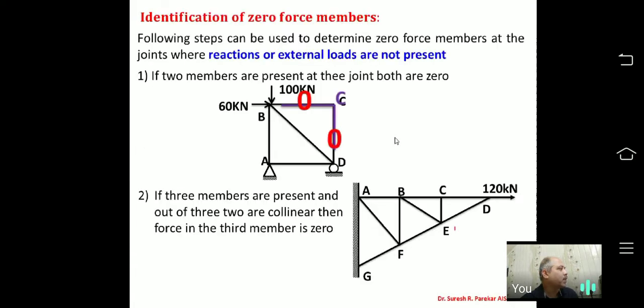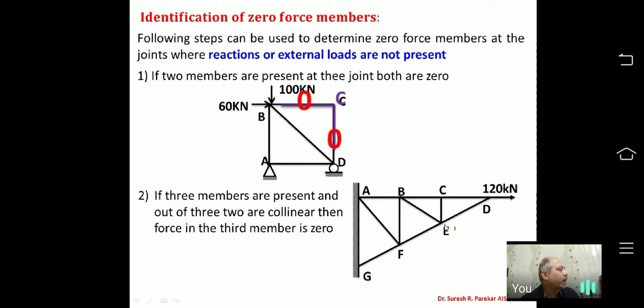Now you can see joint C, joint E, joint B, and joint F. At all these four joints, we can apply these steps. Now at joint C, we have actually three members. We have CB, we have CD, and we have CE. Out of these three members, CB and CD are collinear. So automatically my CE becomes 0.